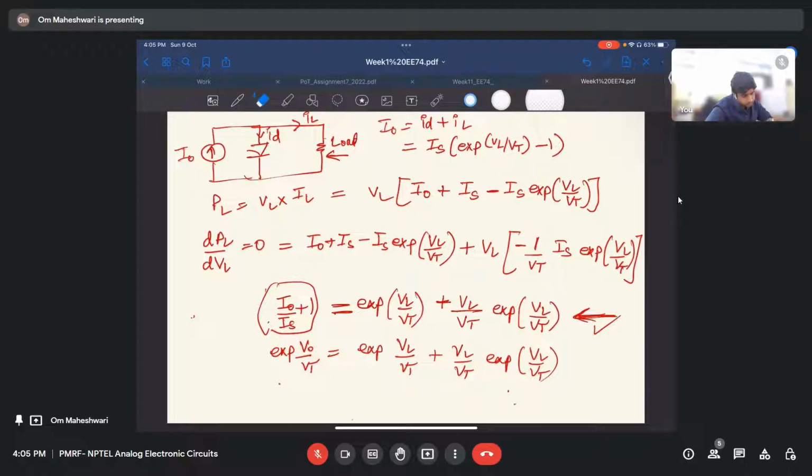We've taken it common: exp(VL/VT) times (1 + VL/VT).